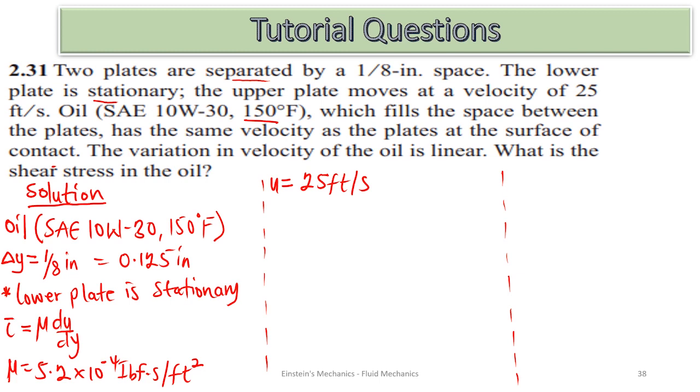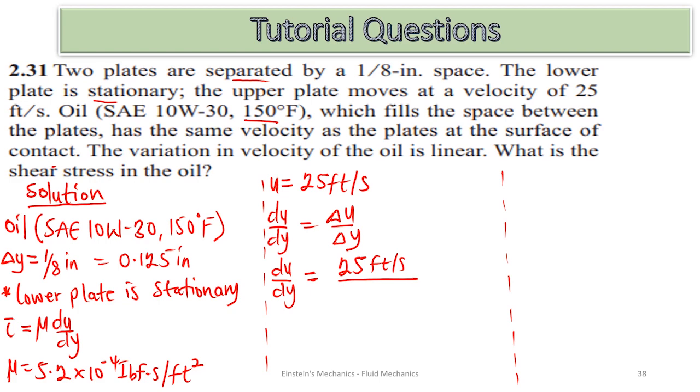Can we say du dy calculus is the same as change in u, change in y? Yes. And we have our u and we have also the y. So we can say the rate of strain, which is du dy, is the same as the u, which is 25 feet per second over the change in y, which is the distance between the plates.